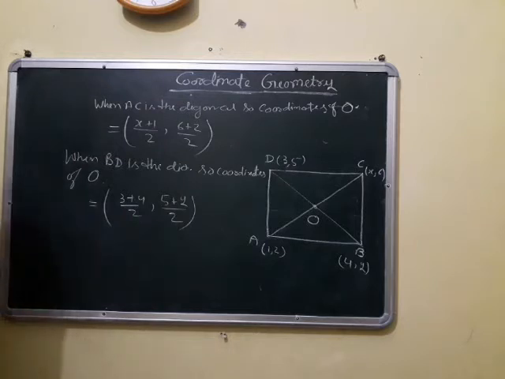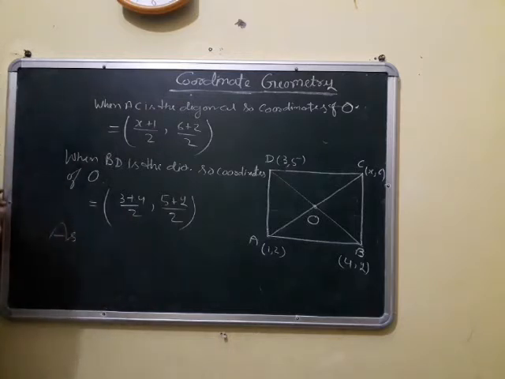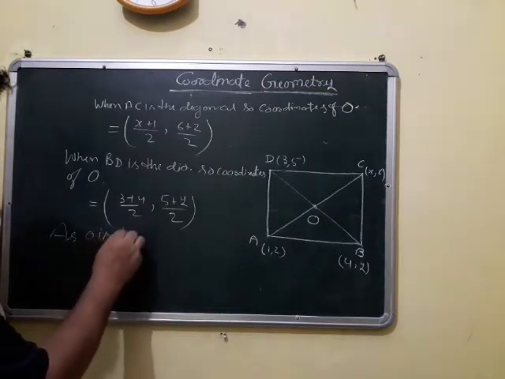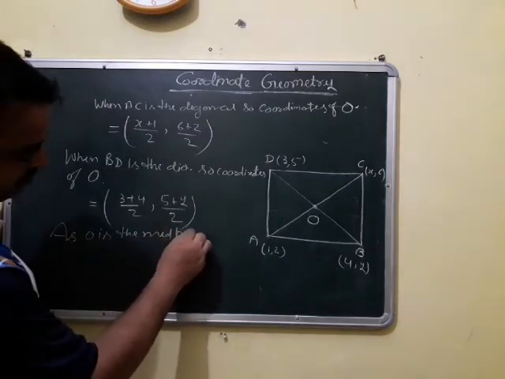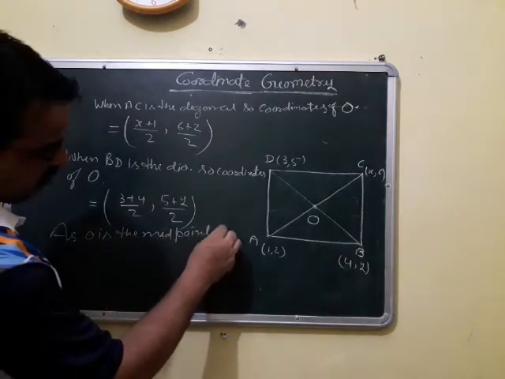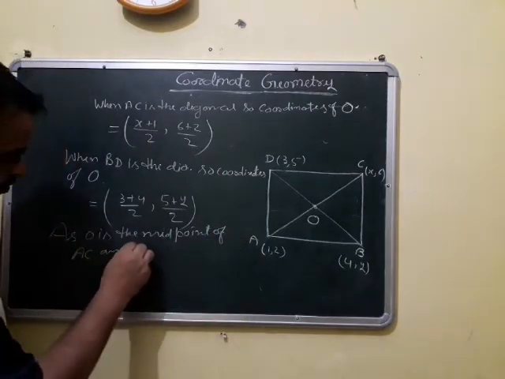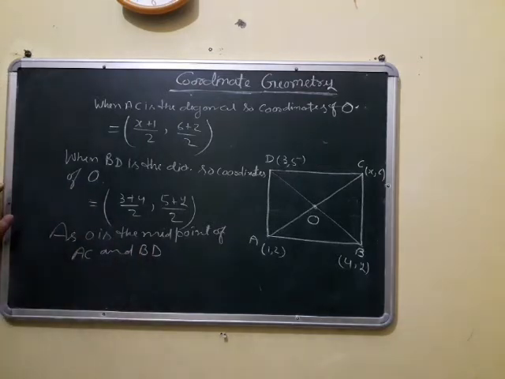So this proves that O is the midpoint of AC and BD. Clear?